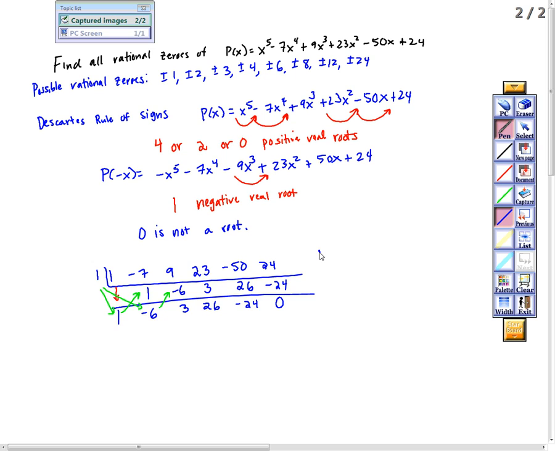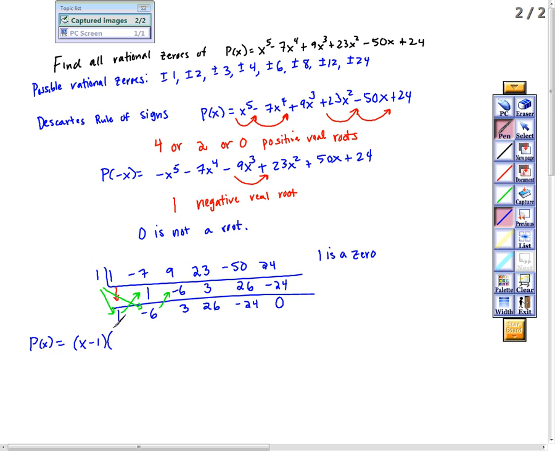Looks like 1 is a root. It's a zero or a root, whatever you want to call it. They're interchangeable. So I'm going to rewrite my polynomial as a product of factors. I know if 1 is a zero, that means x minus 1 is a factor. And then this last row here tells me what this is multiplied by. Now if I started out with x to the 5th, this is always 1 less.